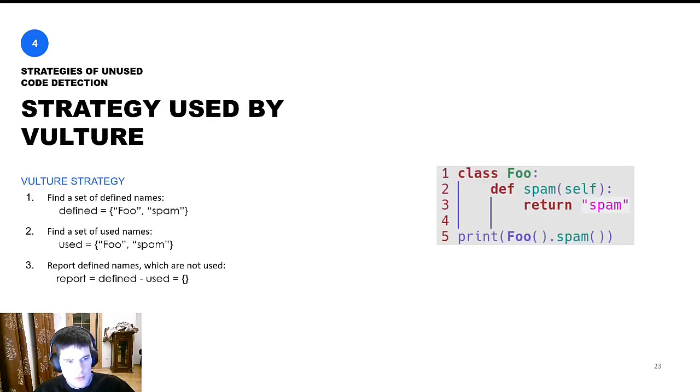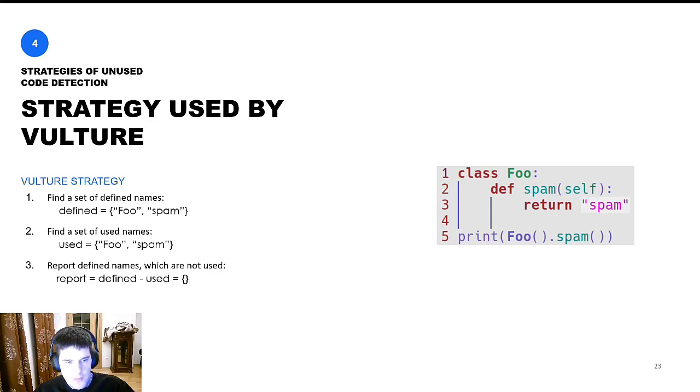Let's consider Vulture's strategy for unused code detection. Here we can see a code snippet on the right that defines a class and uses it. As a first step, Vulture would find all defined names. Those are foo and spam.